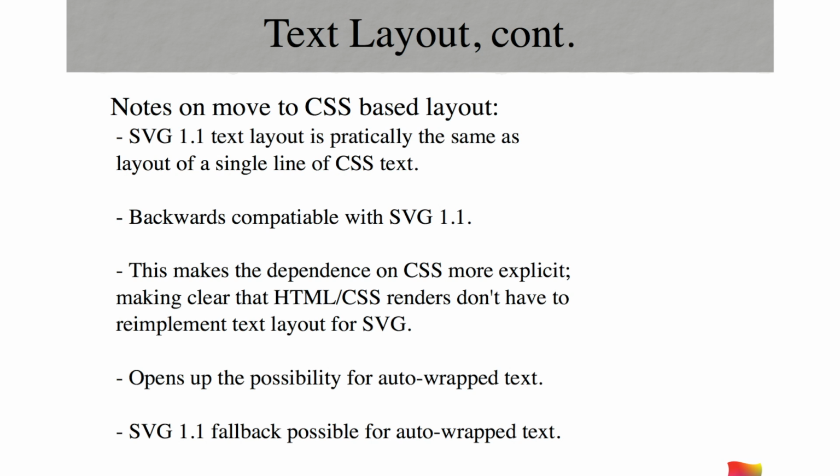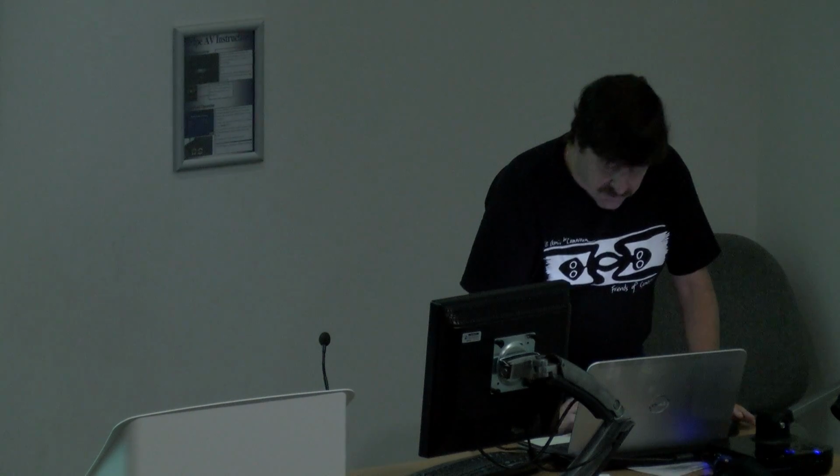And this opens up the possibility for having auto-wrap text in SVG, something we've wanted for years. Something that was supposed to be in SVG 1.2, but SVG 1.2 was never finalized. And the way it's put in, if a browser doesn't support SVG 2 text, there is a possible way of doing it so that you can have an SVG 1.1 fallback solution.